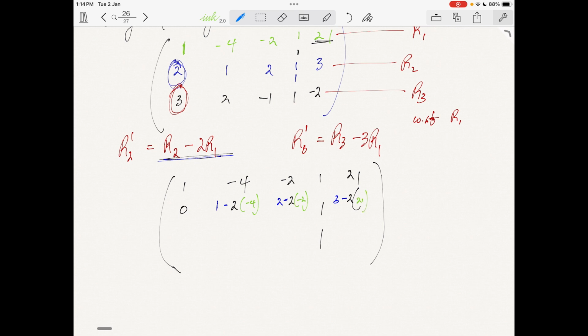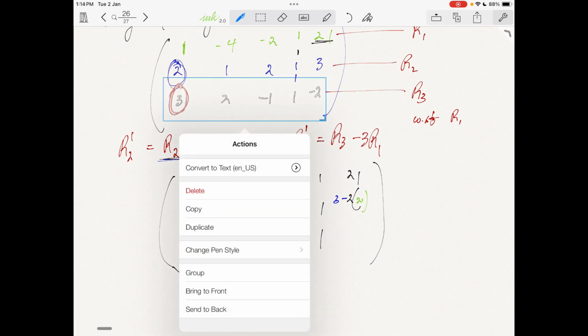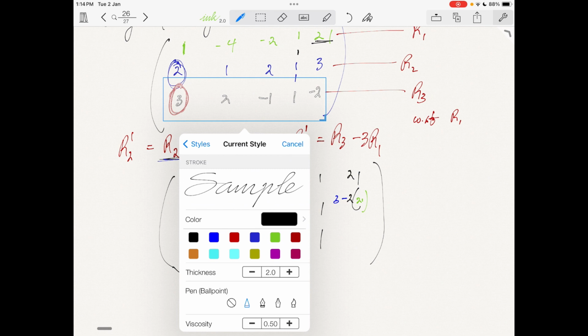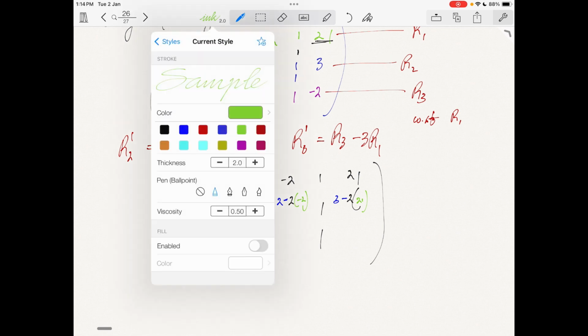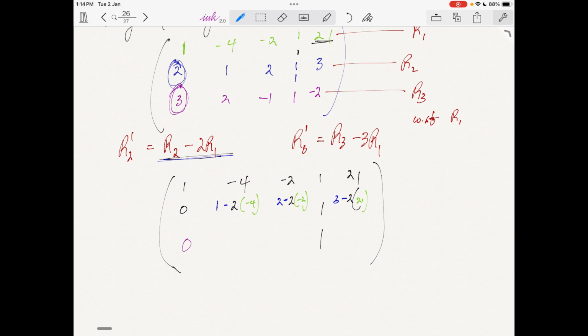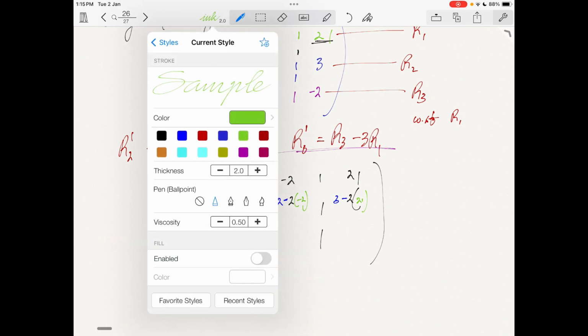Now let's apply the same principle to row 3. For row 3, of course this will change to 0. And we'll have 2 minus, following this formula, row 3 minus 3 row 1. That will give us 2 minus 3 times row 1, and row 1 is in green, and that will give us minus 1.